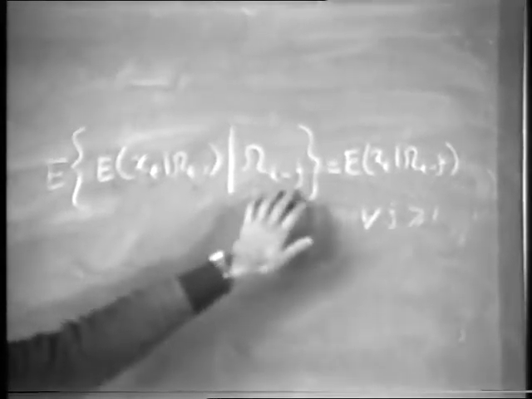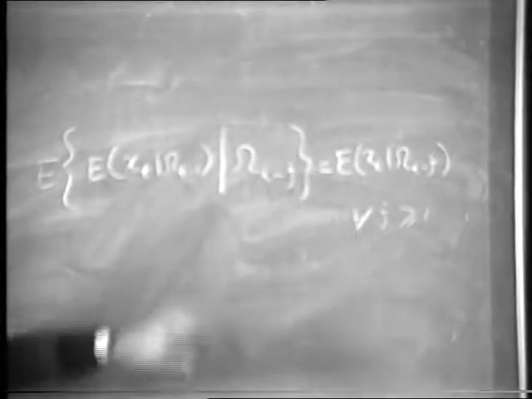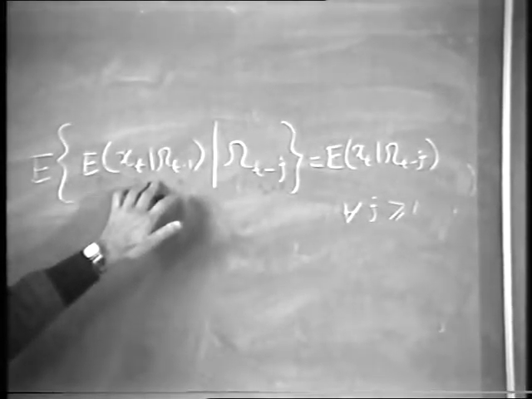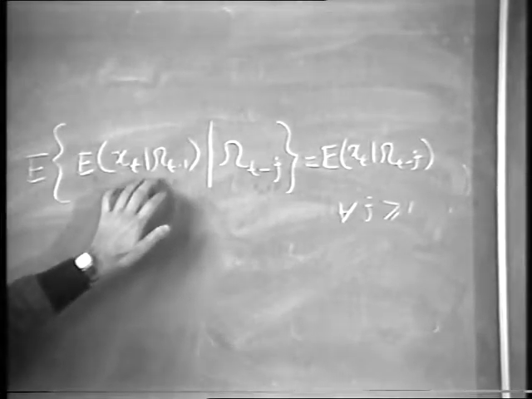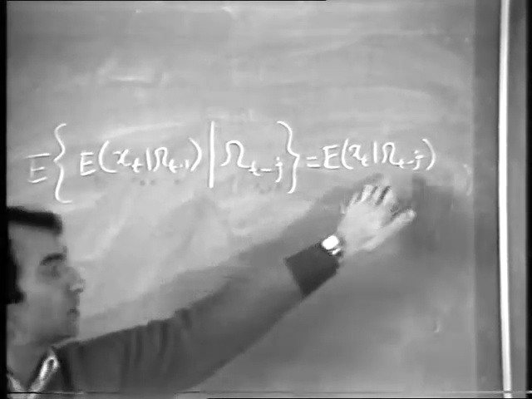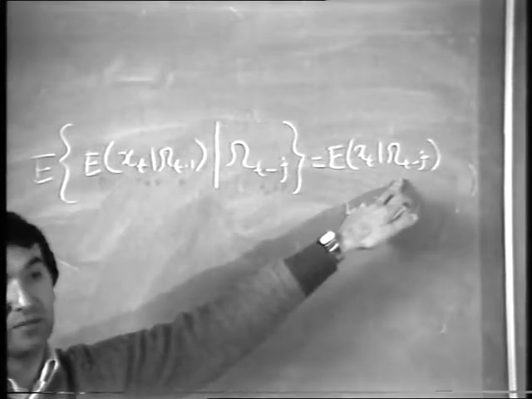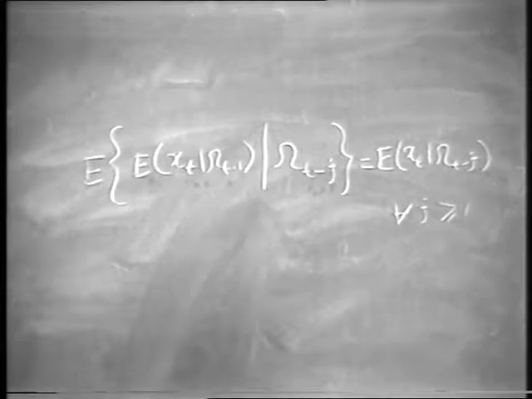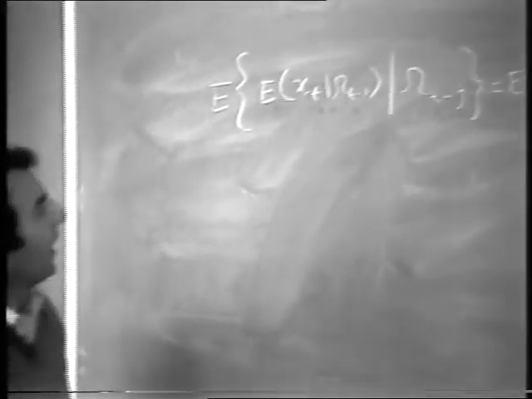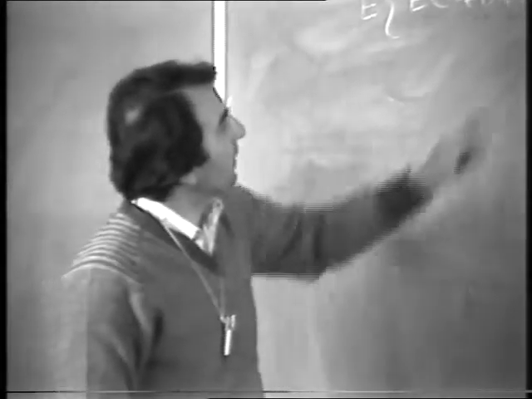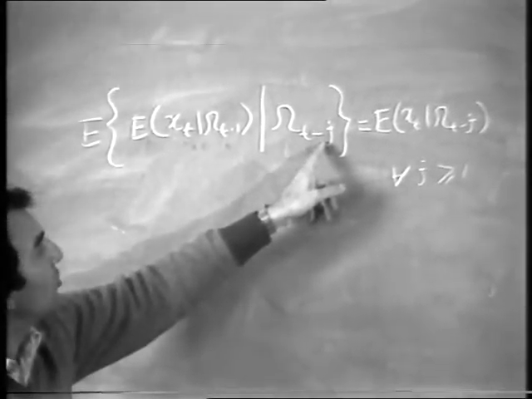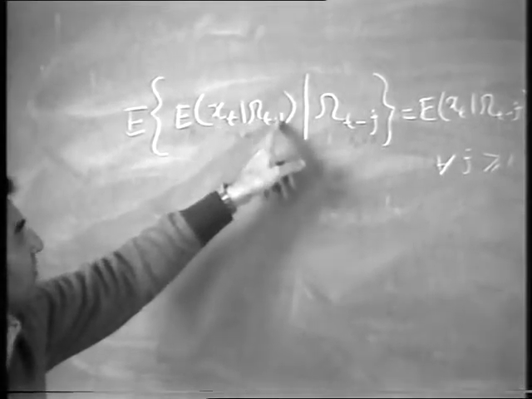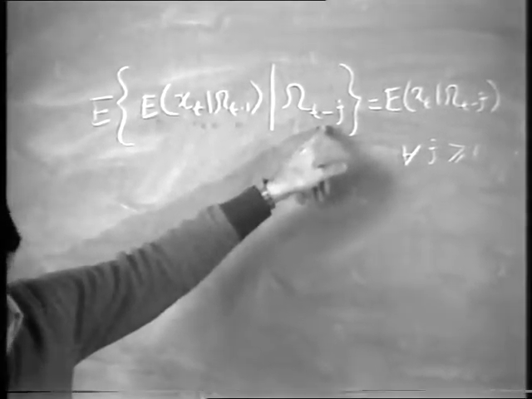When I'm deciding at time t minus j what I would expect at time t, if I knew the information at omega t minus 1, it should be the same as what I would have expected at time t minus j. Again, this is a property of mathematical expectation. And it follows from the fact that omega t minus 1 includes omega t minus j.